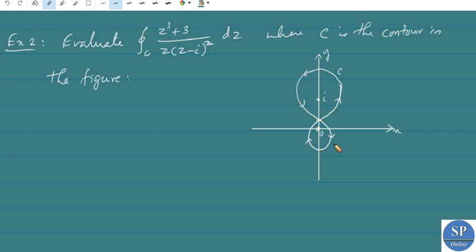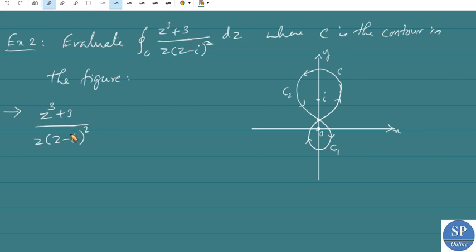So we can denote this as C1 and this as C2. That means C1 is this contour, a simple closed contour, and C2 is this simple closed contour. Now considering our function, the integrand is (z cube plus 3) divided by z into (z minus i) whole square.